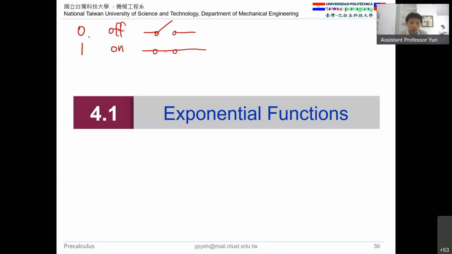So you can see there is a switch, and if the switch is on, it means the switch is connected, so the electrons can pass through. If it is off, then electrons cannot pass through, so this will be 0. So we define this one as 0, and this one as 1 here.